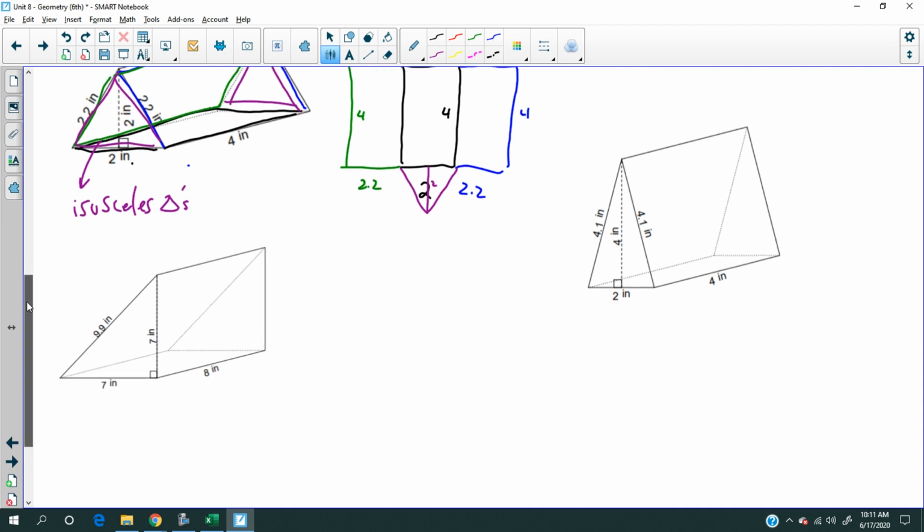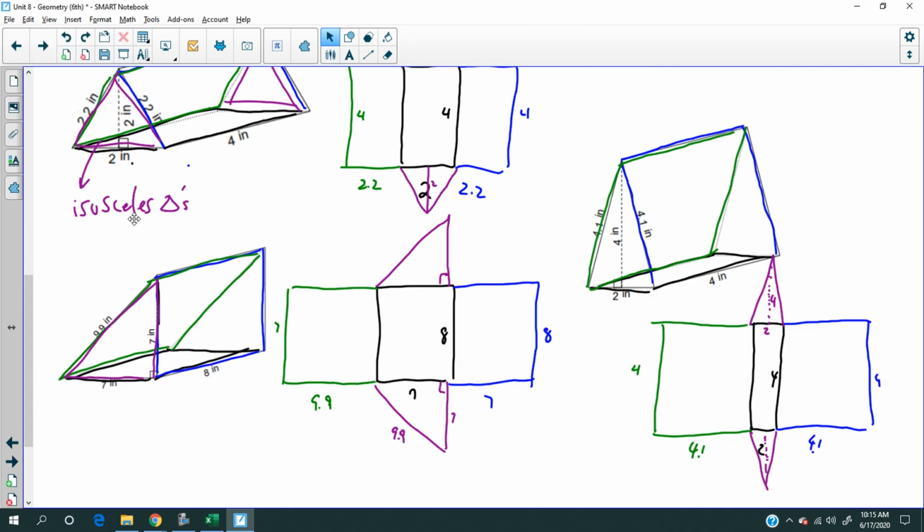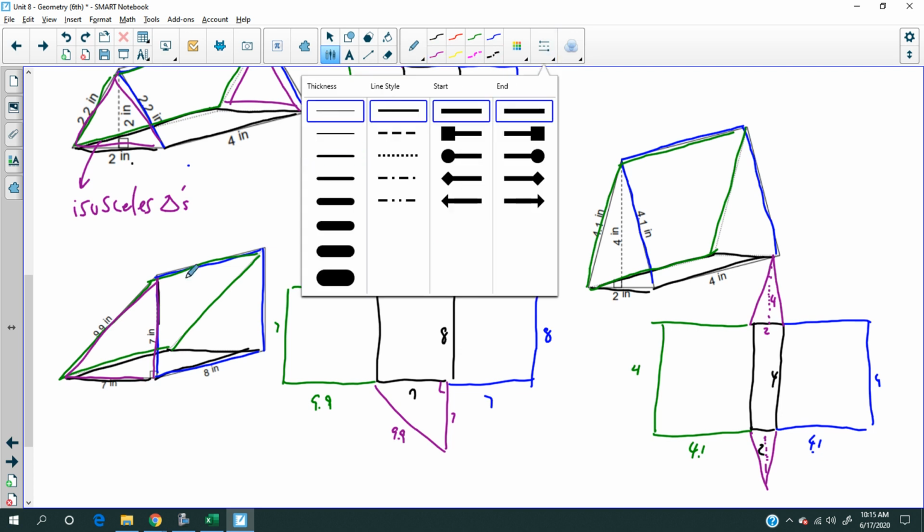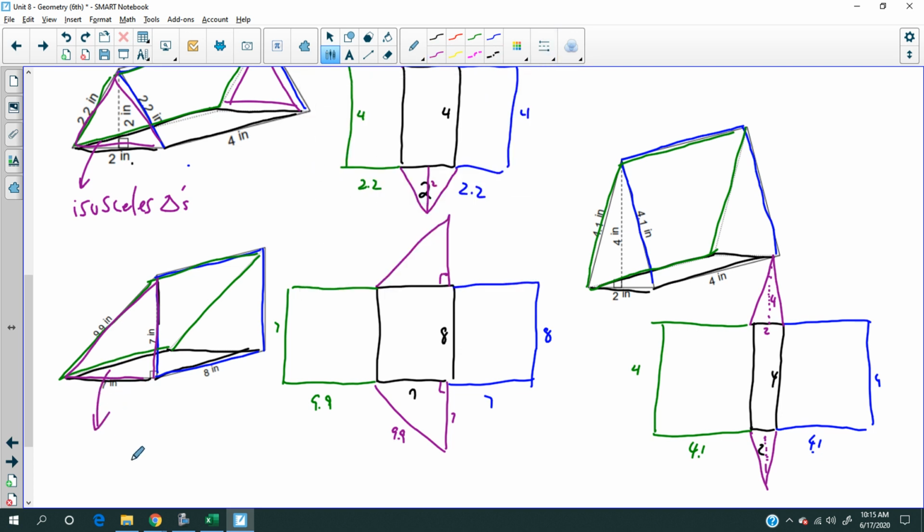Okay, let's press pause. Okay, and we're back. Now, again, I just want to remind you guys that whenever you are sketching the nets of triangular prisms, there's always 5 sides. 1, 2, 3, 4, 5. Another thing I want to ask you guys is what type of triangle is this?